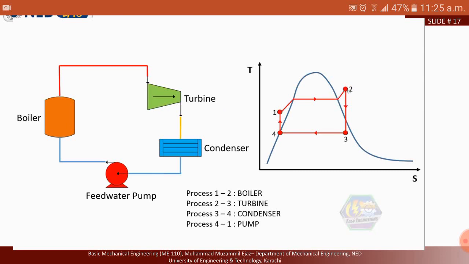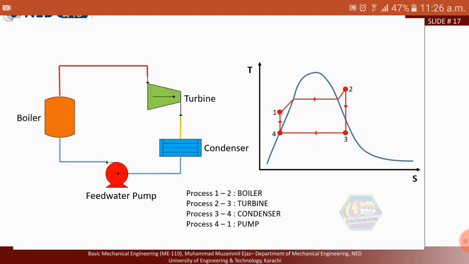And the turbine is converting that high pressure and temperature into mechanical power, which runs the electrical generator and produces electricity. At this point that steam is at very low pressure, it cannot be utilized further, so we have only one choice, to convert it again into water.